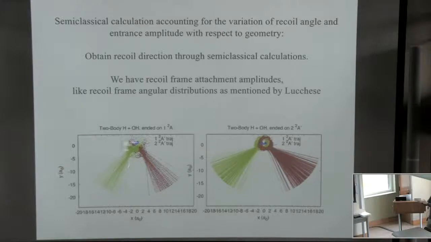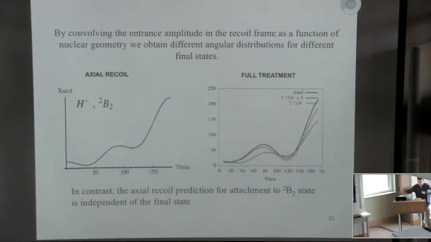In other words, for each trajectory we have a recoil direction, and we rotate the entrance amplitude such that we define phi as the azimuthal coordinate around that direction. With that, we do a bunch of trajectories and average them.